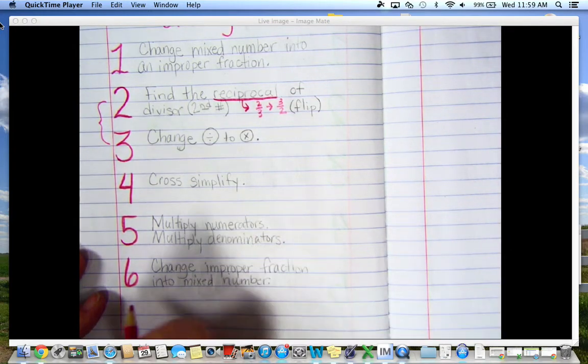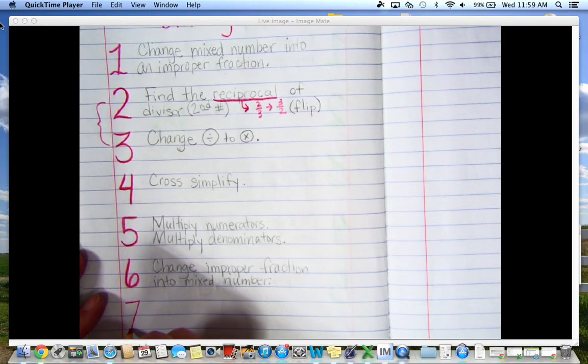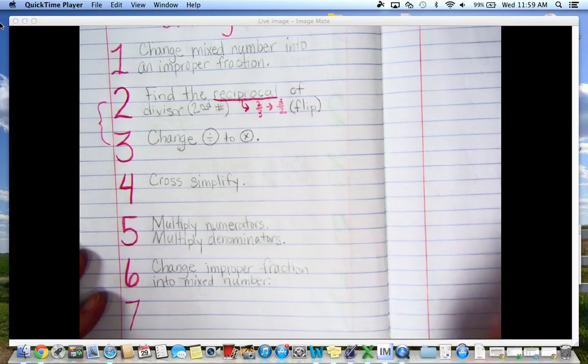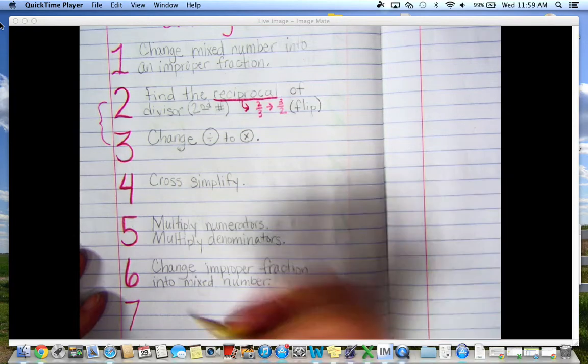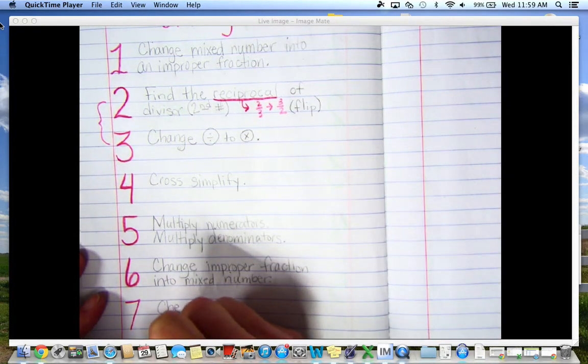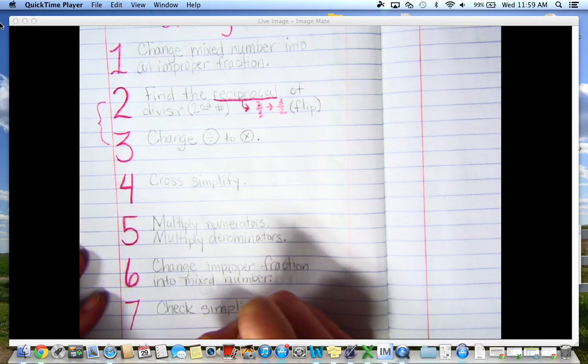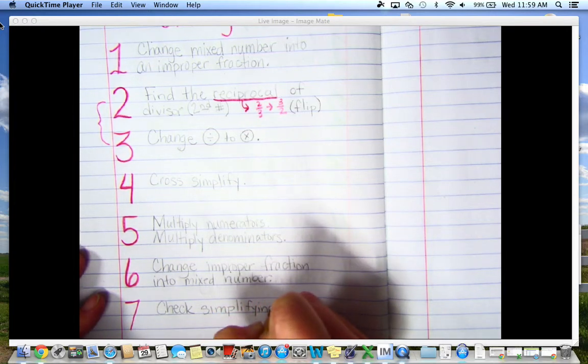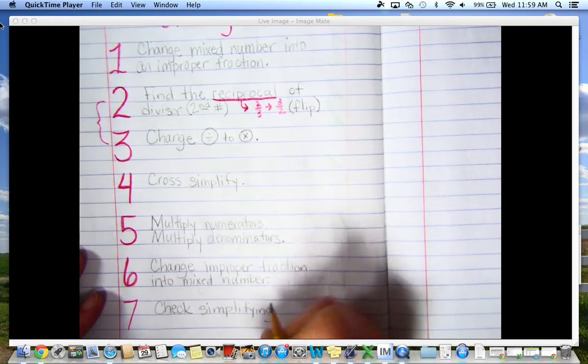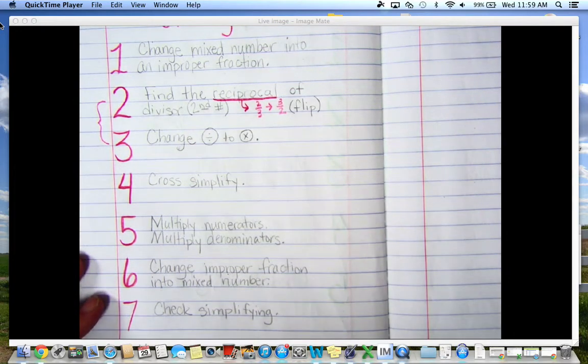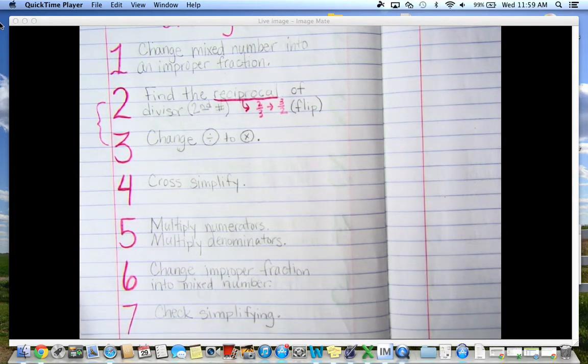And our final step, step 7, same as multiplying and adding, is to check simplifying. Always want to make sure that it is in simplest form. You now have your notes for dividing fractions.